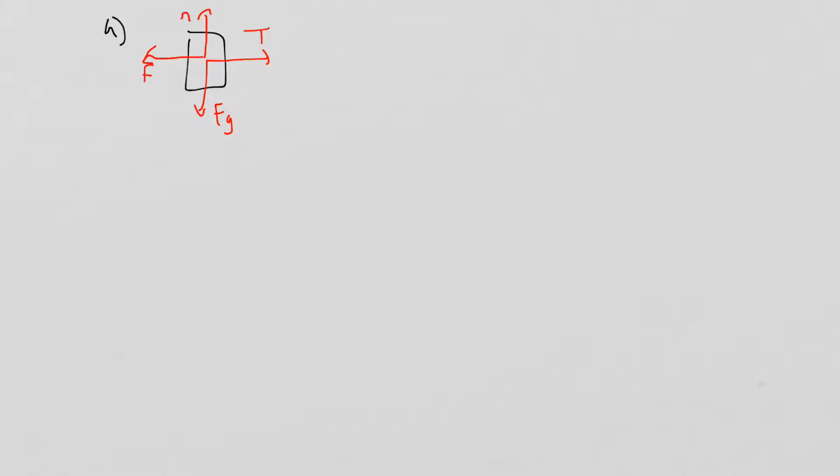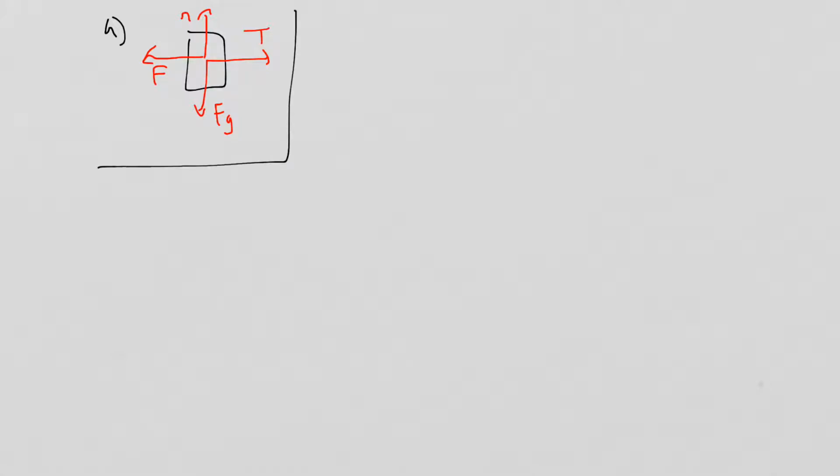And since we aren't told if the whole system is at rest or if it's moving, we don't know if this is kinetic friction or static yet. All we know is it's friction, right? No matter what's happening, friction is going to point that way. So I'm not going to write F sub S or F sub K because I don't know which one it is yet. All right, so that's part A. We're going to be using that in part B, so it's important to get that carefully right.